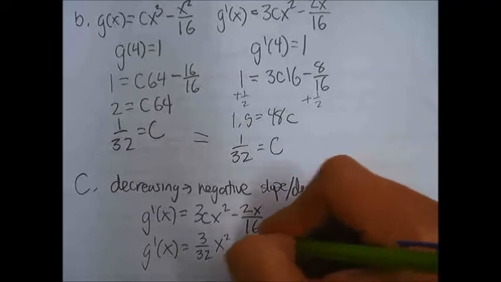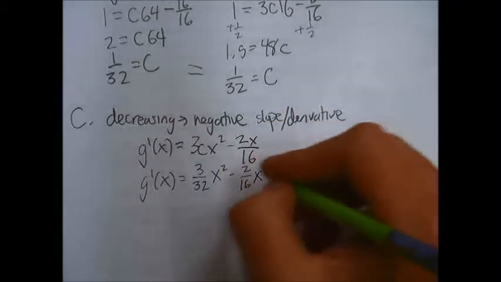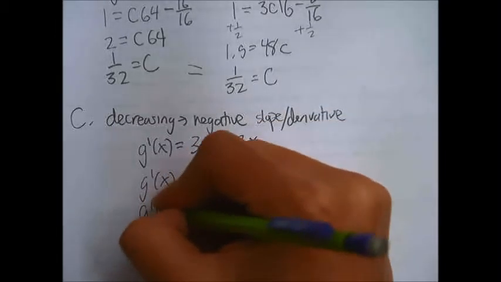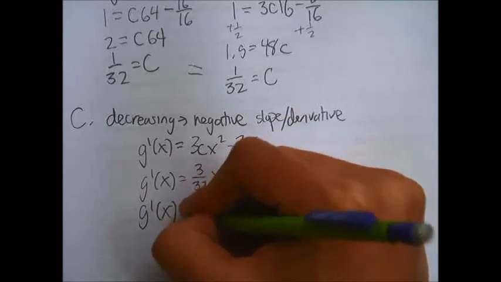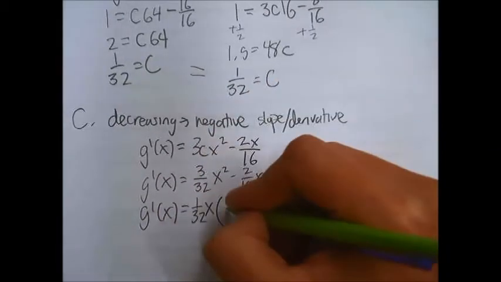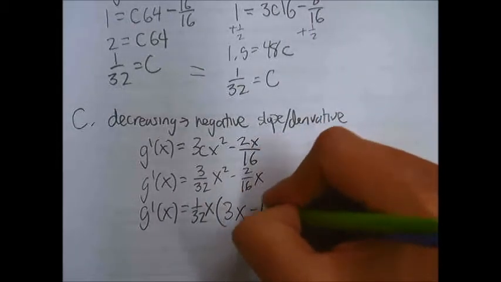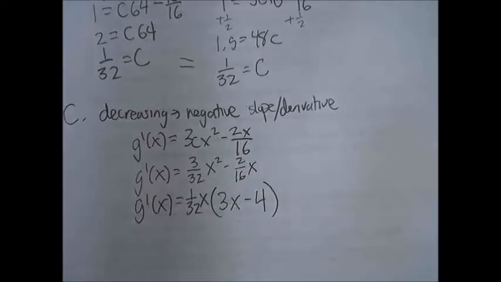And I get g prime of x is equal to 3/32 x squared minus 2/16 x. And what I did here was I factored out 1/32 and an x. So I got 1/32 x times, and all that's left here is 3x, and all that's left here is 4.